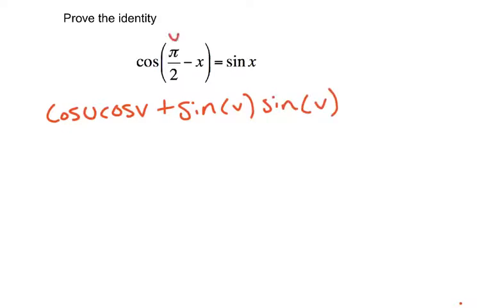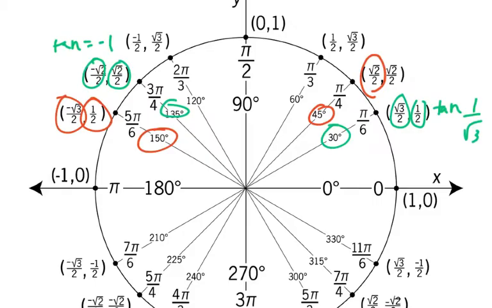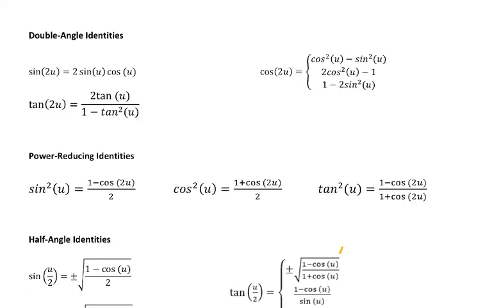And u is going to be pi over 2, and v is going to be x. So we're going to have cosine of pi over 2 times cosine of x plus sine of pi over 2 times sine of x. So let's see, cosine of pi over 2 is the x value at pi over 2. So pi over 2, x value 0.